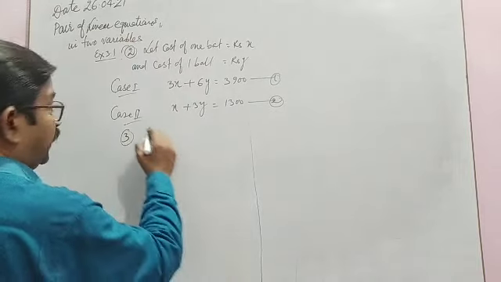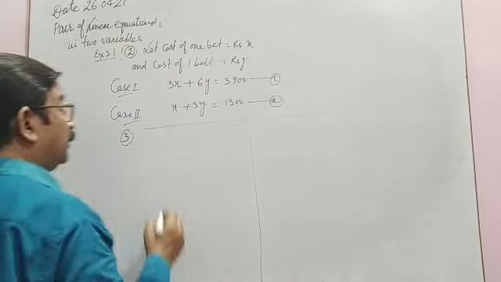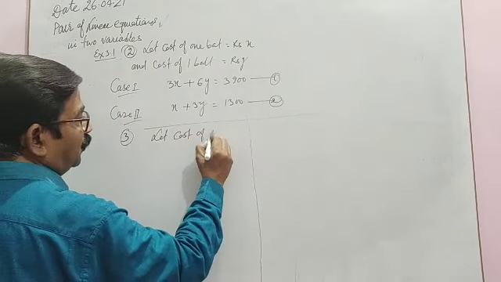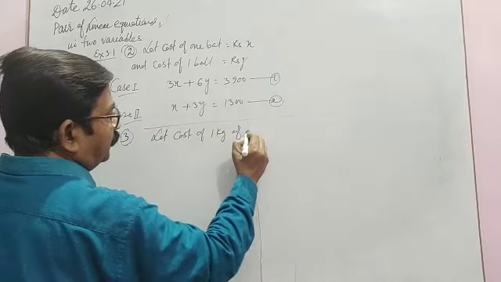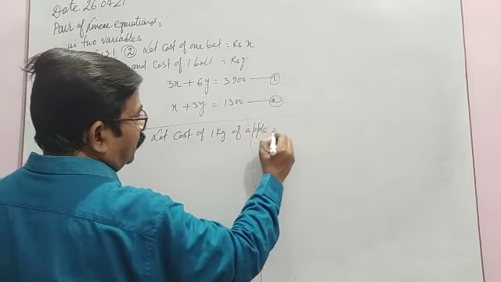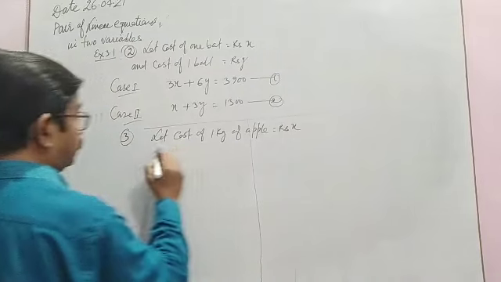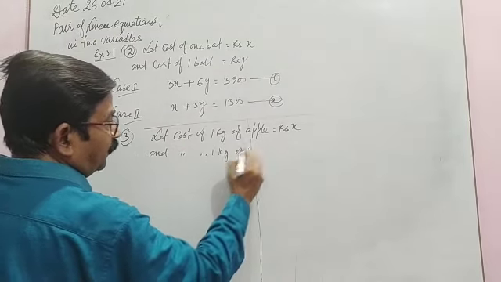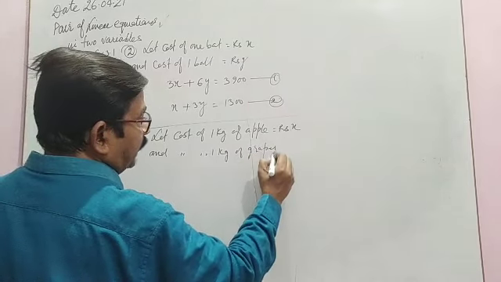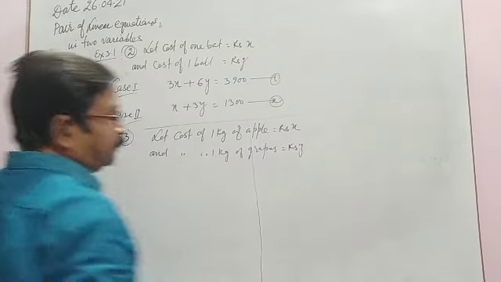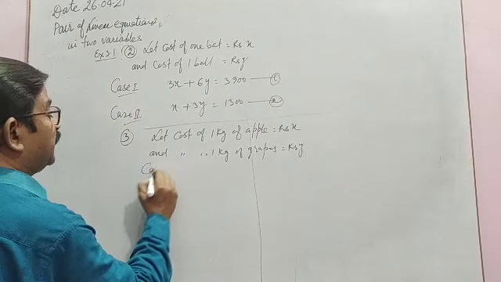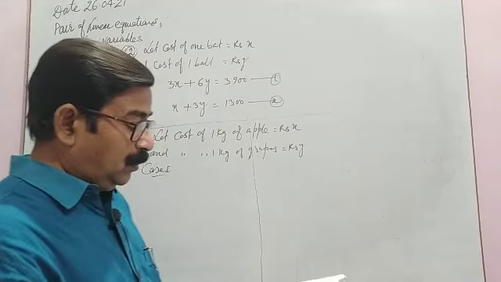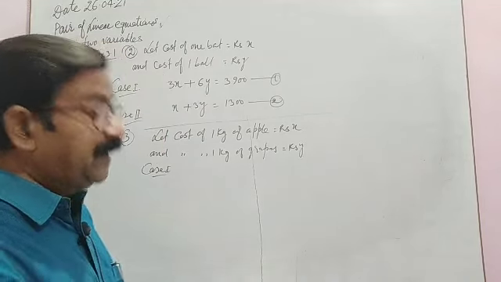So two things are here again. I am just going to find the equation. Let the cost of 1 kg of apples be rupees X and the cost of 1 kg of grapes be rupees Y. So in the first case, what is given? 2 kg of apples and 1 kg of grapes.